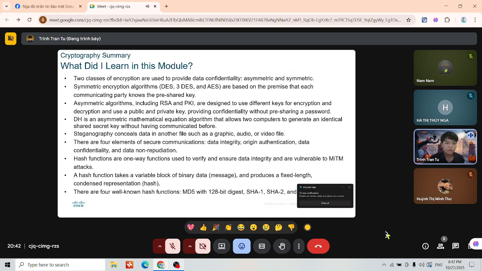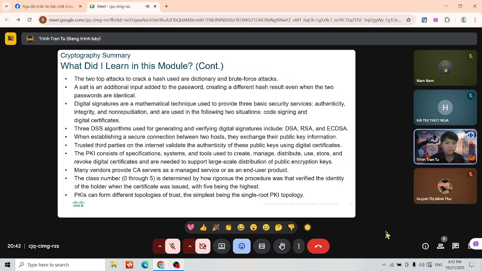The Diffie-Hellman algorithm allows two parties to create a shared secret without prior exchange. And number two, what did I learn? Two common hack attacks, dictionary and brute force. Digital signatures. The PKI system enables organizations to authenticate and encrypt data securely on a large scale.